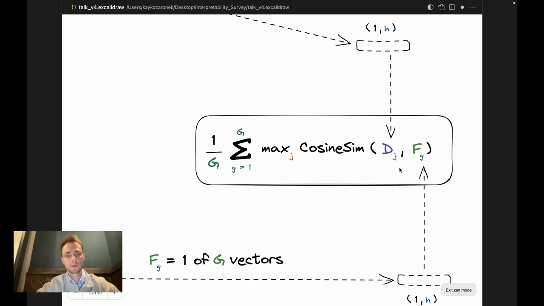And the way you would interpret this is if the dictionary contains a feature that points in the same direction as the original features, then the cosine similarity will be high, and otherwise it will be low. And so what we hope for in the best case is a mean-max cosine similarity of 1. In the worst case, we will have found a mean-max cosine similarity of 0.